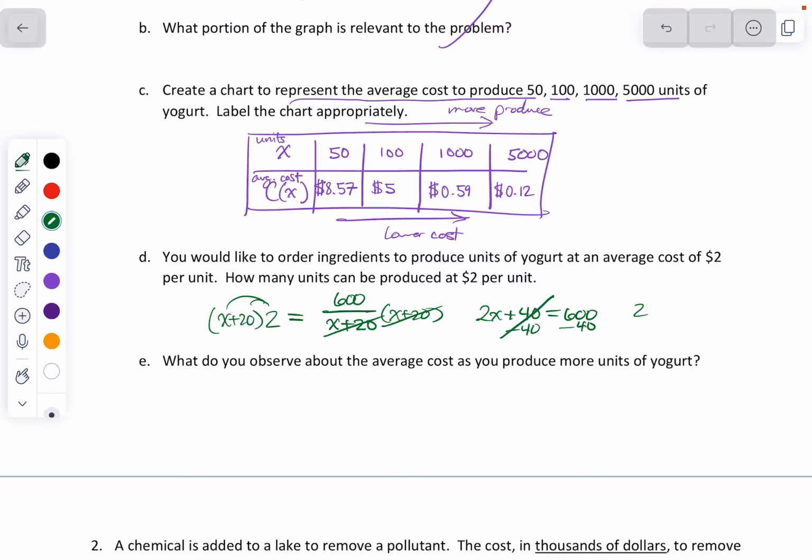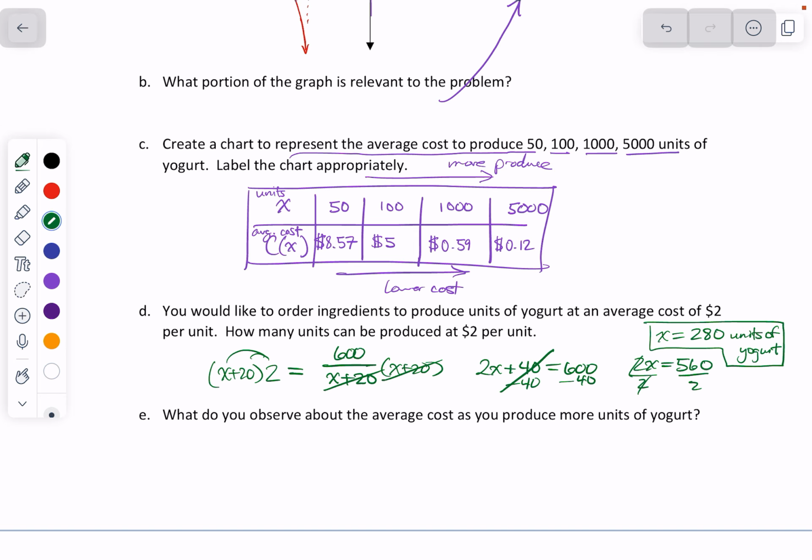You get 2x equals 560. Divide by 2. X equals 280. This would be units of yogurt. Bingo.